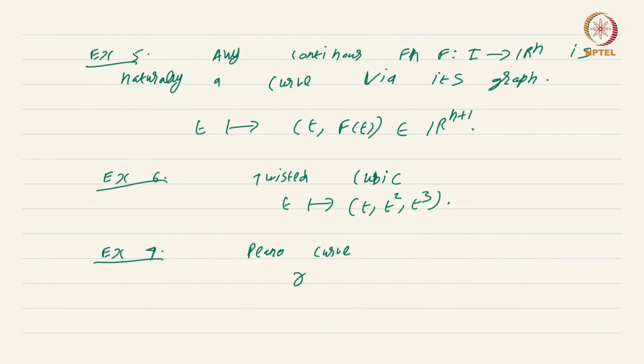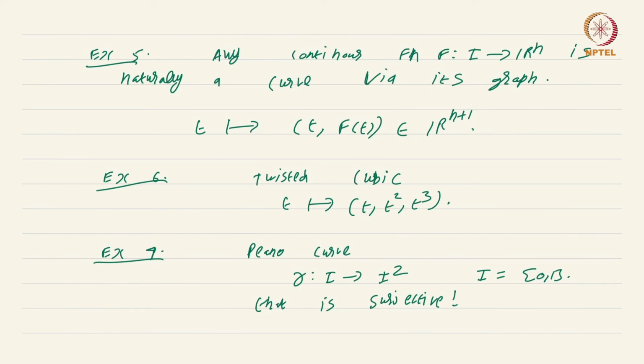This is a curve gamma from I to I squared, where I is just the closed interval 0, 1, that is surjective. Wow. So there is a curve from the closed interval 0, 1 to the square 0, 1 cross 0, 1 that is surjective. This is an extremely weird curve.